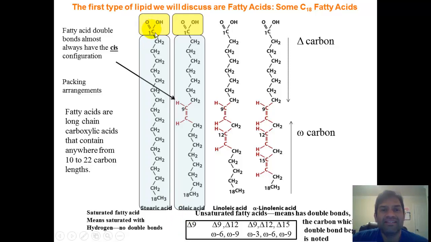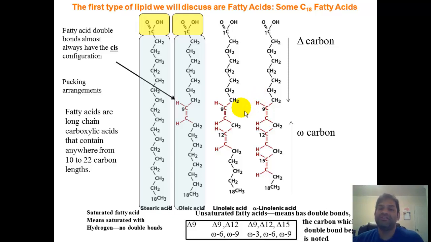Another thing is saturated versus unsaturated fatty acids. Saturated fatty acids, as shown here, stearic acid, are saturated with hydrogen, so no double bonds. The minute you add a monounsaturation point or a diunsaturation point or polyunsaturation points, that is when you get unsaturated fatty acids. It could be monounsaturated, diunsaturated, or more than two, polyunsaturated.